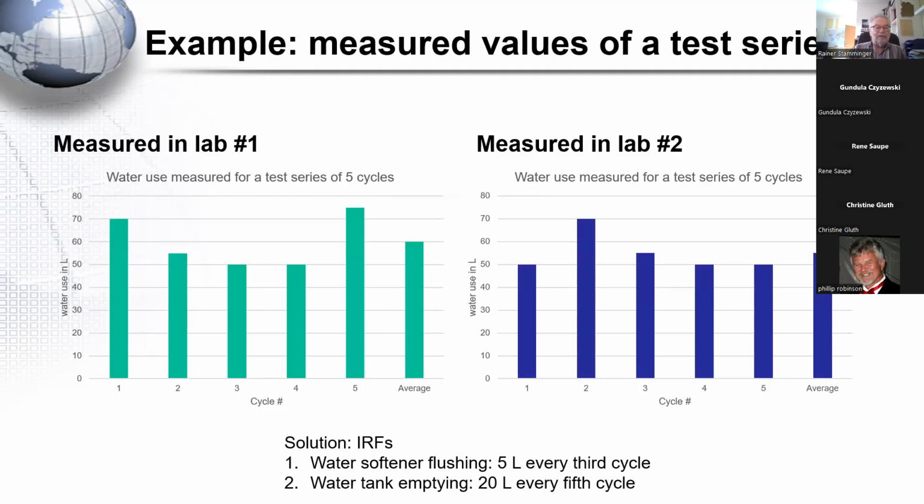So what I assume for this data is I have a water softening which is flushed every third cycle with 5 liters. And I have a water tank which is emptied with 20 liters every 5th cycle. And then depending on where you start, you can come up with very different consumption values, as you have seen in this example.